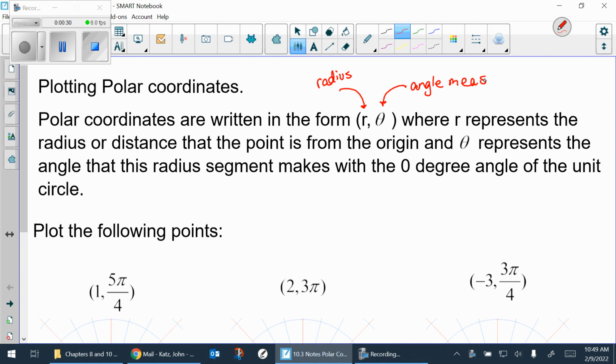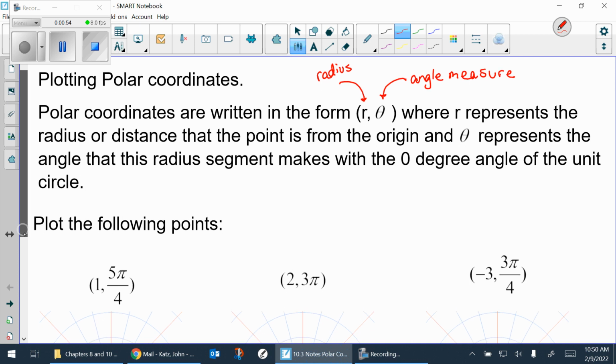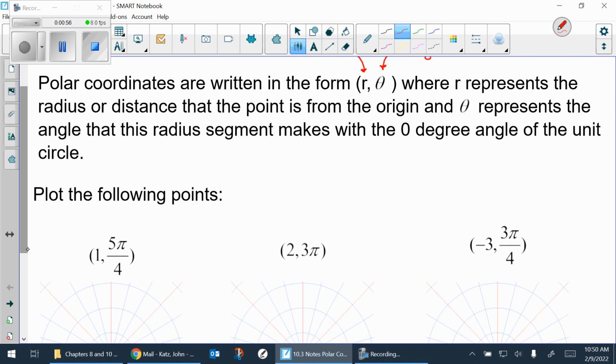And so this is actually a circular coordinate system rather than a rectangular coordinate system. So r is going to tell us how far from the center, how far from the origin our point is. And theta is going to tell us how many degrees or how many radians, normally radians in calculus, we have to move along the not so unit circle.